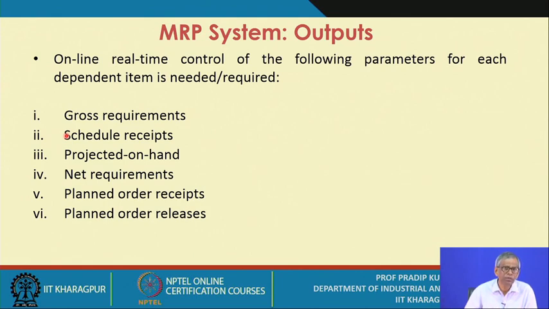And similarly, from the work orders which you have placed to your own manufacturing plant, you expect at what point in time you will be getting these work orders. So with this information you have the scheduled receipts data.